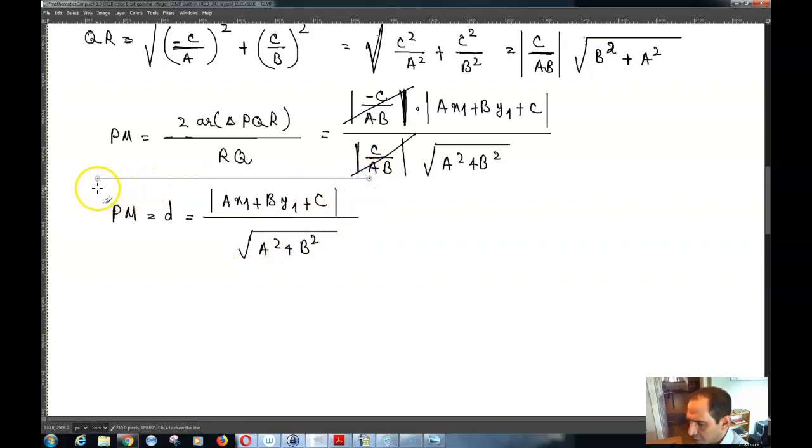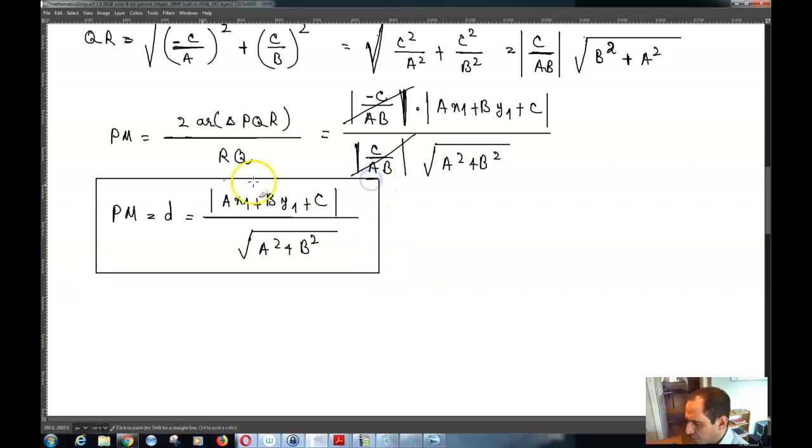That is basically the distance between a point and a line, the perpendicular distance of a point and a line.